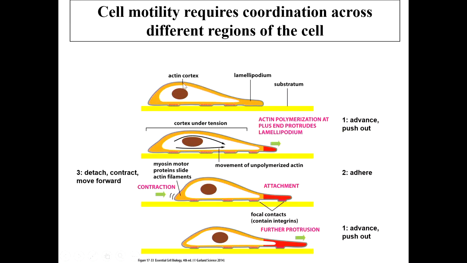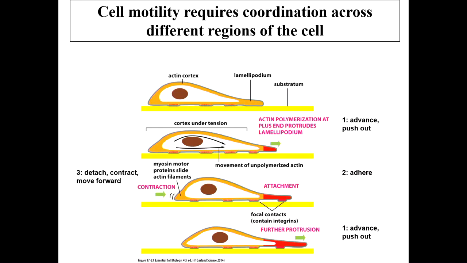Imagine thousands and thousands of actin filaments. That's what this orange represents. The actin cortex is basically a high concentration of actin filaments that are near the surface of your cell. This is a lamellipodium, which we're going to talk about a little bit more in detail later on. A lamellipodium is a flat, fan-like extension of the cell.